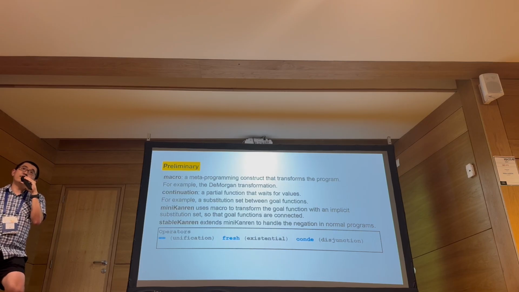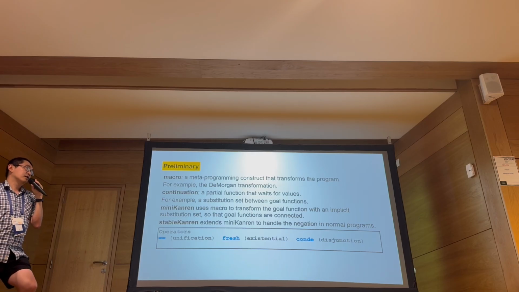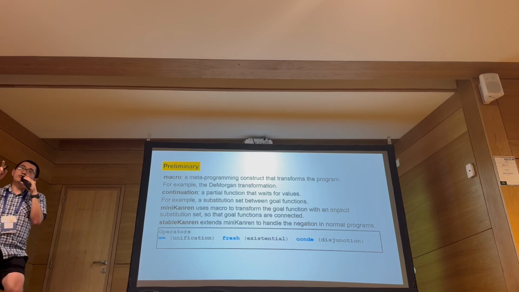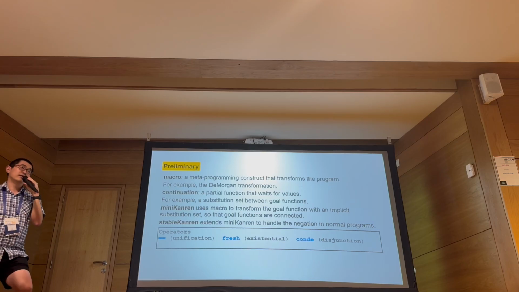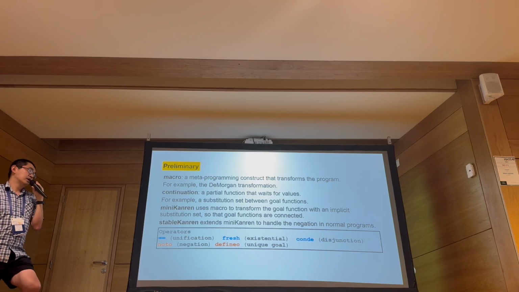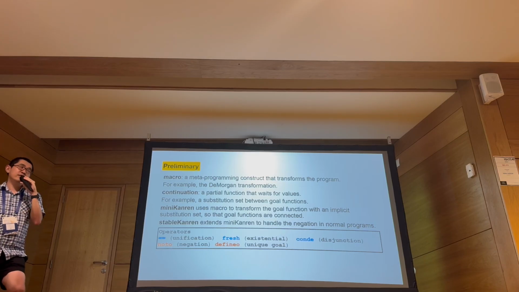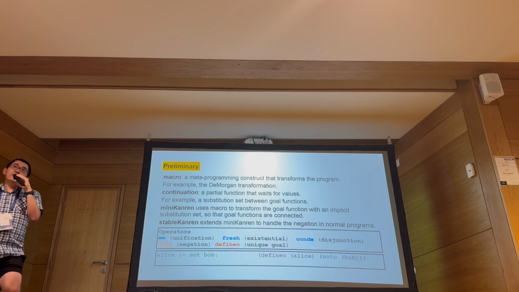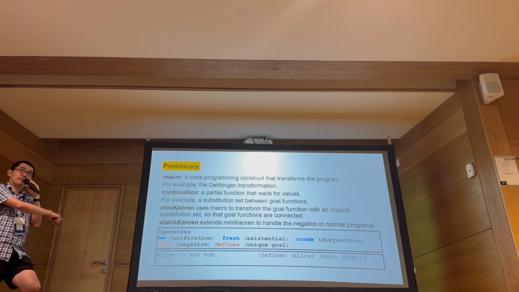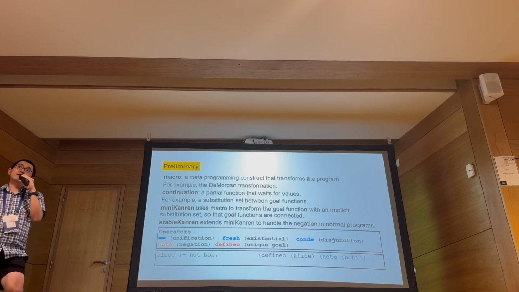For one goal to be true, you may have multiple ways to prove it, and we use conde to represent that. For the conjunction, naturally we move from one goal to the next goal. In stableKanren, we provide models for negation under NAF and the SMS, and we have to define the goal functions.